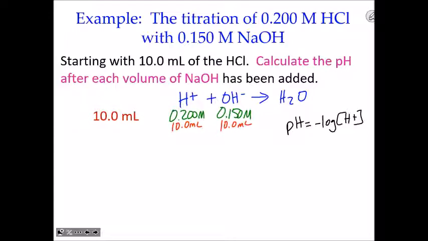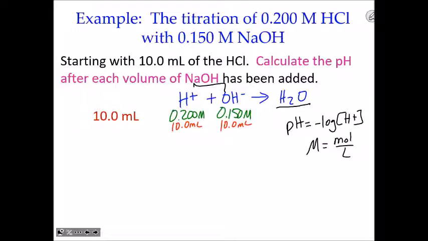We need to know the concentration of that hydrogen, so we have to recalculate it at this point. Remember, molarity is moles over liters. No, because it's neutralizing. This is reacting with that to produce water.